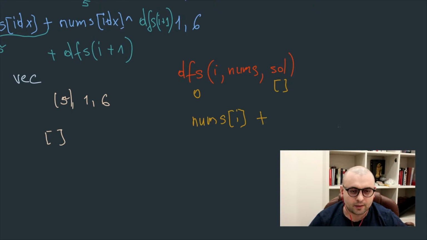Plus, and now we do the recursive call, where we have a DFS where we go to the next index. I'll ignore nums for now because it's redundant.